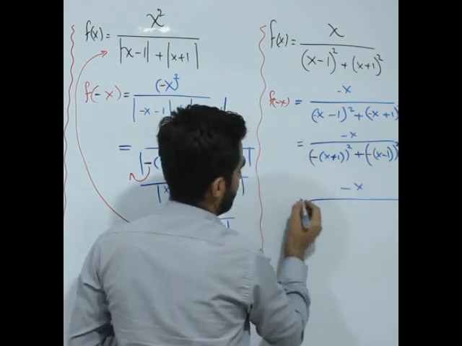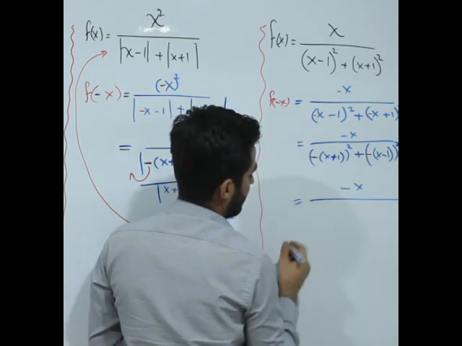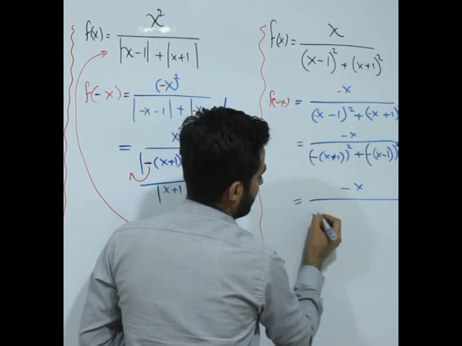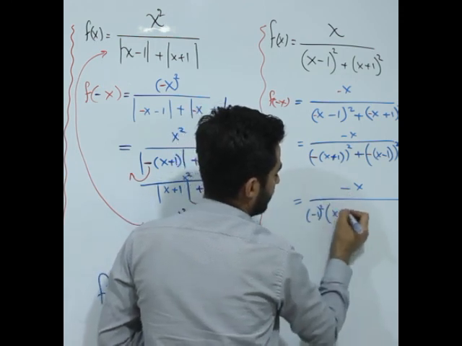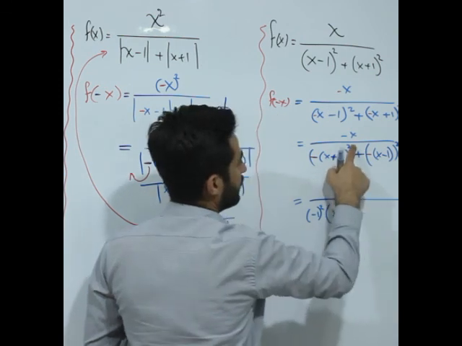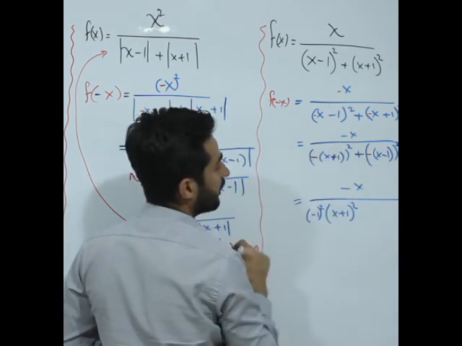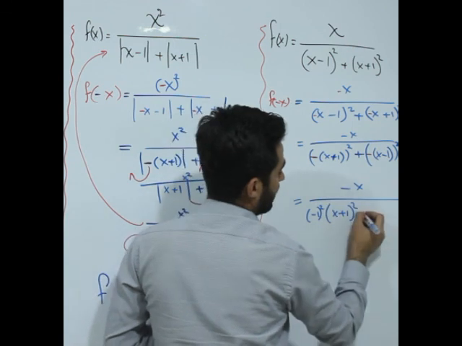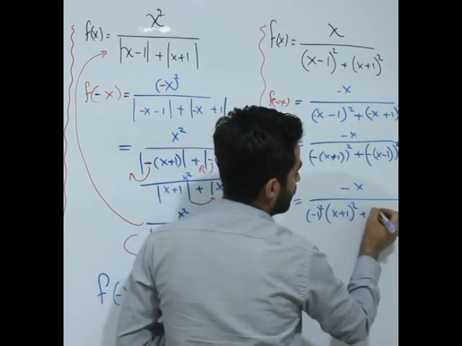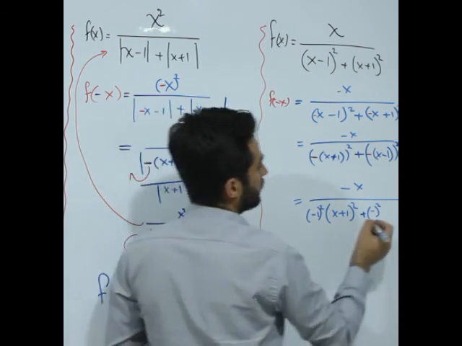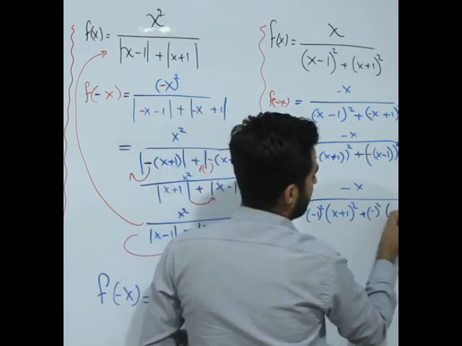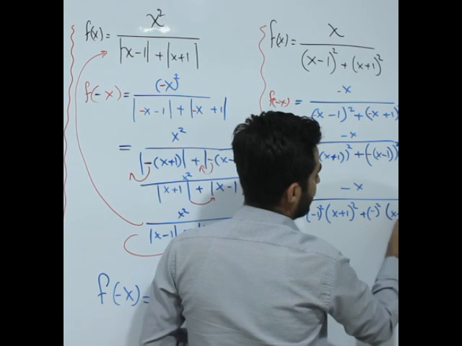Minus x, I can say this is minus 1 to the power of 2 multiply x plus 1 squared, because I can give this square to both here, because this is multiplication between them, plus minus 1 to the power of 2. But I don't need the others. x minus 1 to the power of 2.